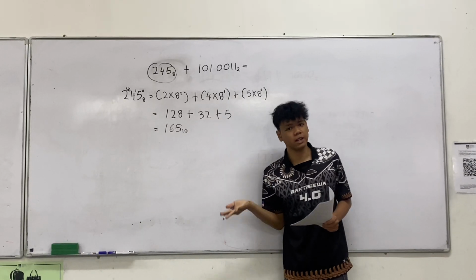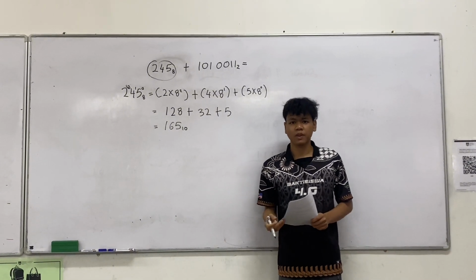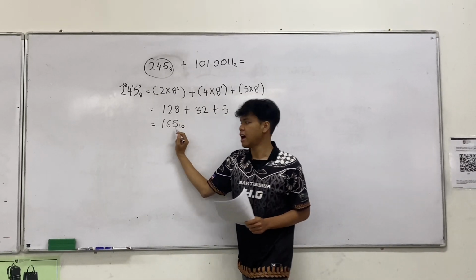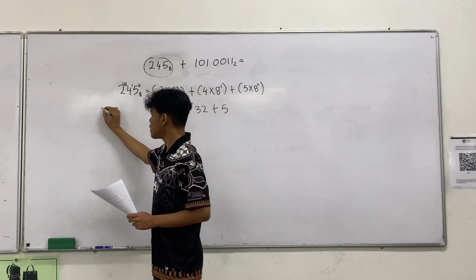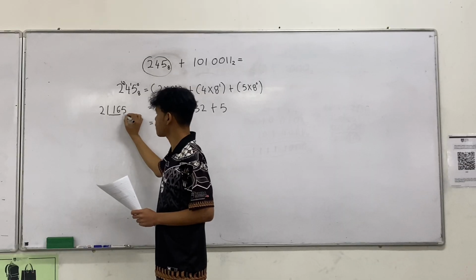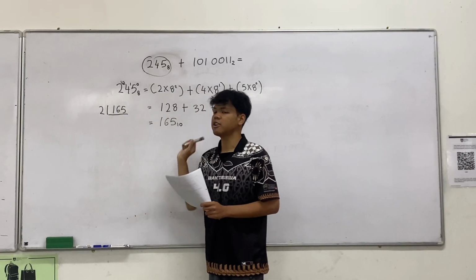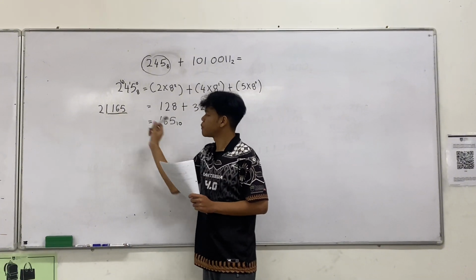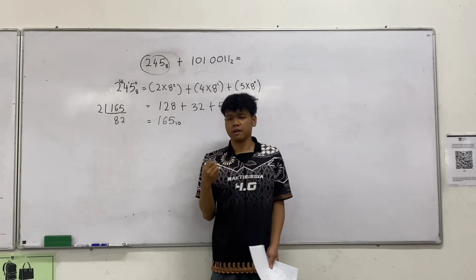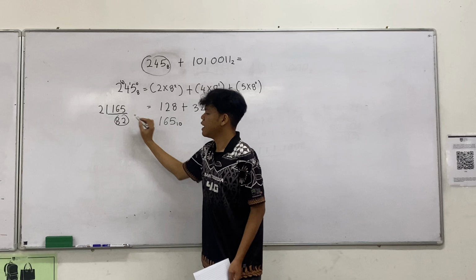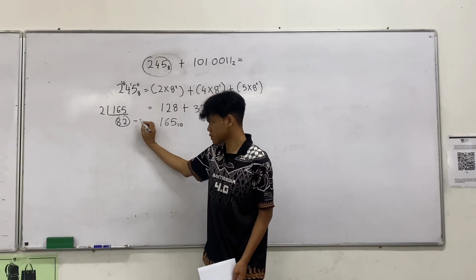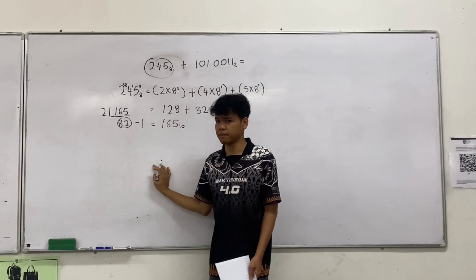So how do we convert this answer into a binary number? We are going to divide by 2. So 165 divided by 2, we got 82 with a remainder, so we put 1 as the remainder.